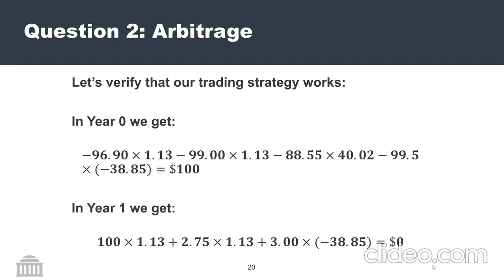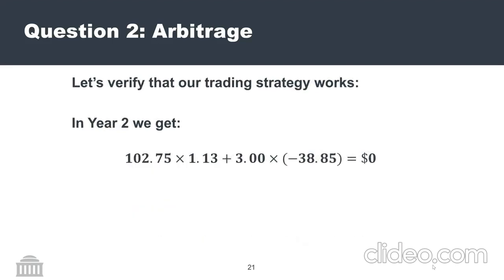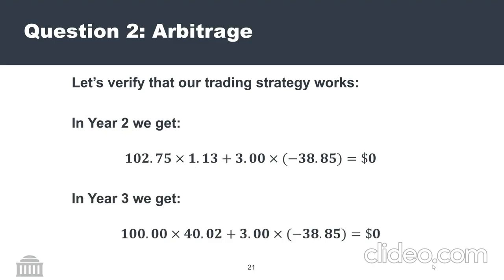In year 1, this equation tells us that we get exactly 0 as we expect. In year 2, we also get 0. And in year 3, we also get 0. So our arbitrage strategy indeed works. It gives us $100 right now, and it gives us nothing in years 1, 2, and 3.